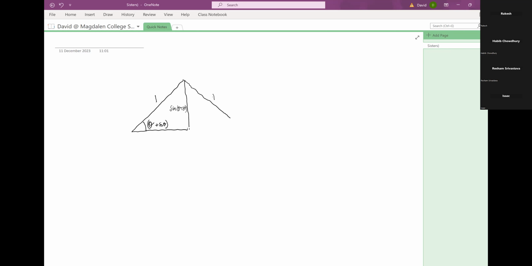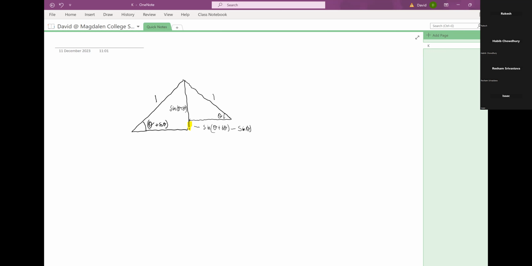Now, if I draw another line of length 1, and this time make the angle of elevation theta, rather than theta plus delta theta, then it becomes clear that the length that I want to find is this length here, which is sine of theta plus delta theta minus sine theta.